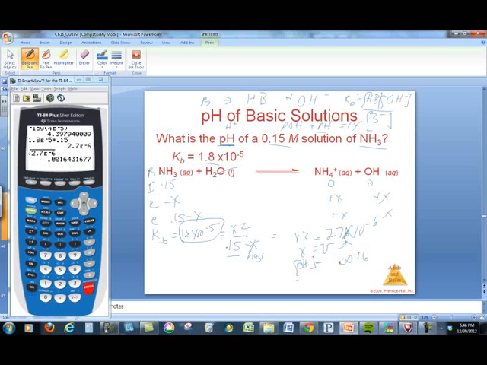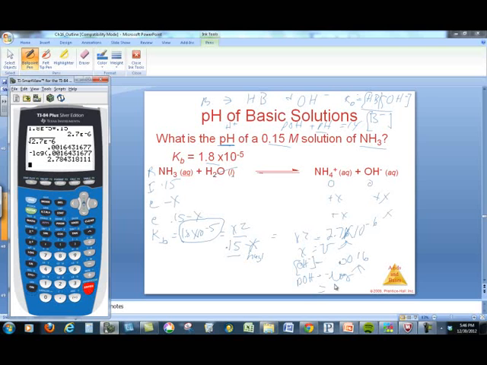And if I want my pOH, it's going to be the negative of the log of this. So that'd be the negative of the log of that, and that will be 2.78. Now 2.78, I want 2 sig figs, right? Alright, so that's 2 sig figs. So that's my pOH. Because pH plus pOH equals 14, 14 minus my pOH, which is 2.78, is going to give me my pH.